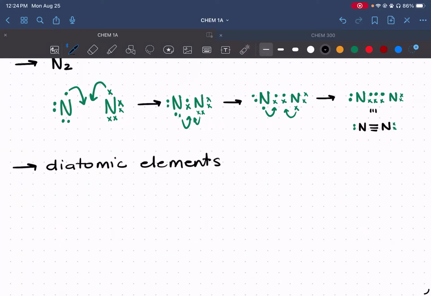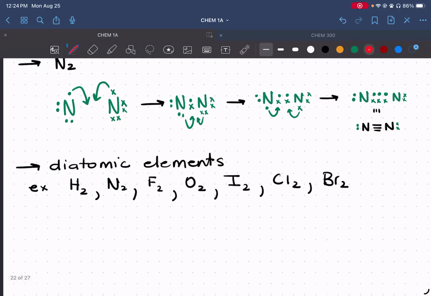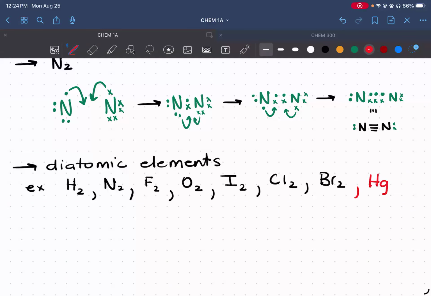What are diatomic elements? Well, it's actually easier just to show you what they are. They are H2, N2, F2, O2, I2, Cl2, and Br2. Sometimes you might also see Hg2.